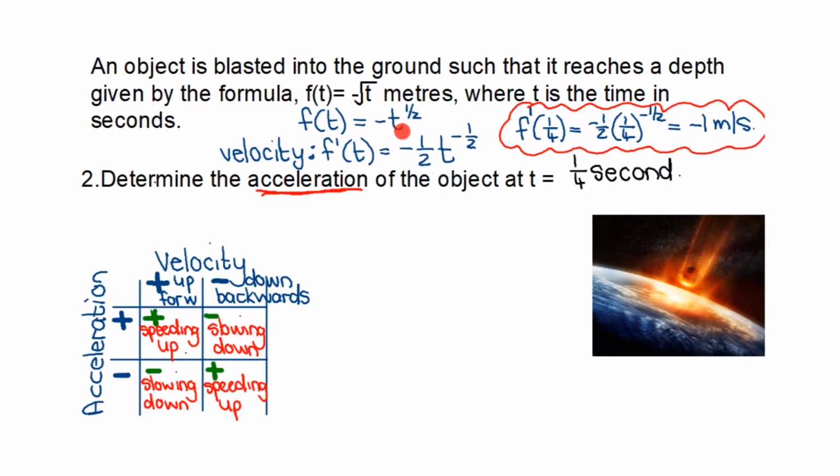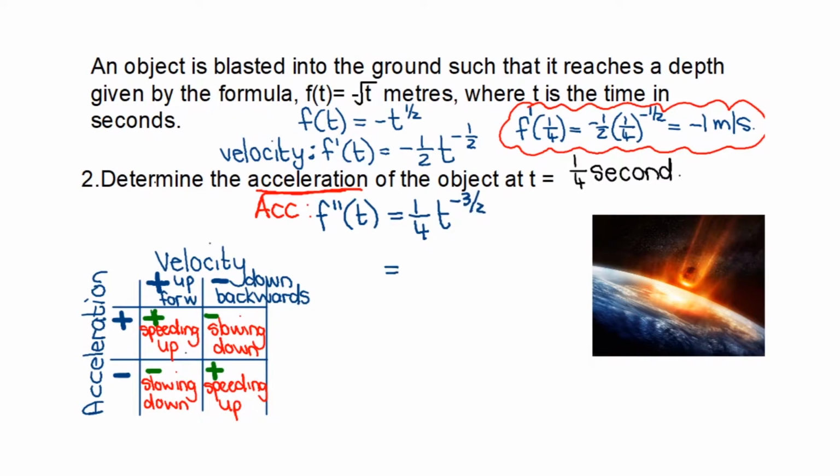So I have that already, and acceleration will be the derivative of the velocity formula. So for acceleration, I'll say it is the derivative of f. If I take that negative half times the negative half in front, it's going to be positive a quarter, t to the power negative 3/2.